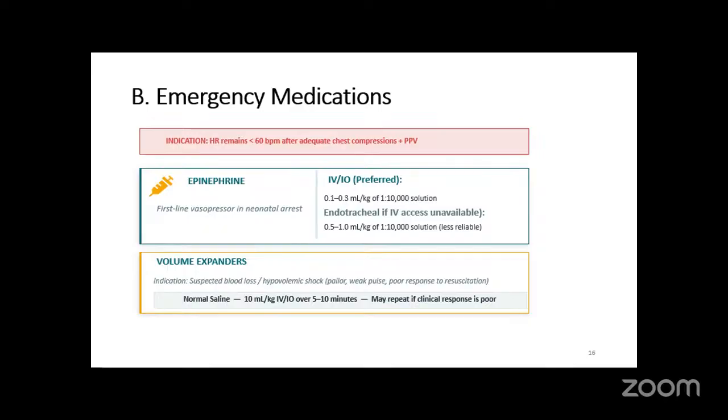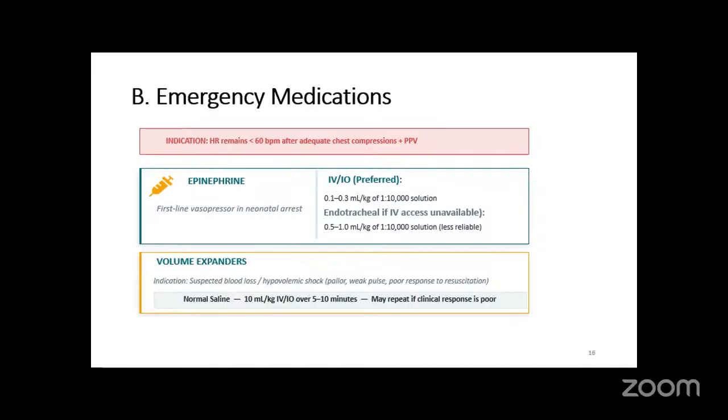It is administered either IV or, if IV lines are very difficult to get, intra-umbilically using the umbilical vein. Here we administer a dose of 0.1 to 0.3 milligrams per kilogram of ephedrine solution.